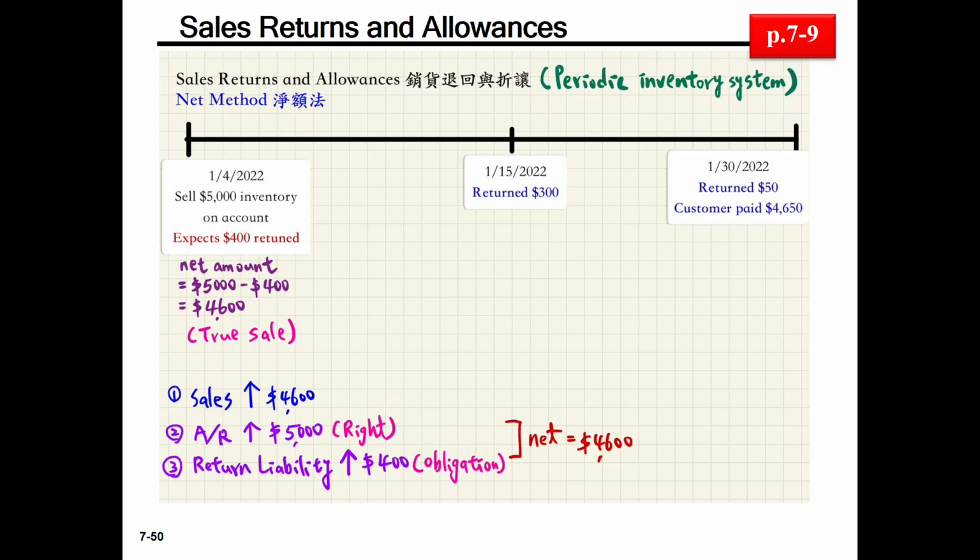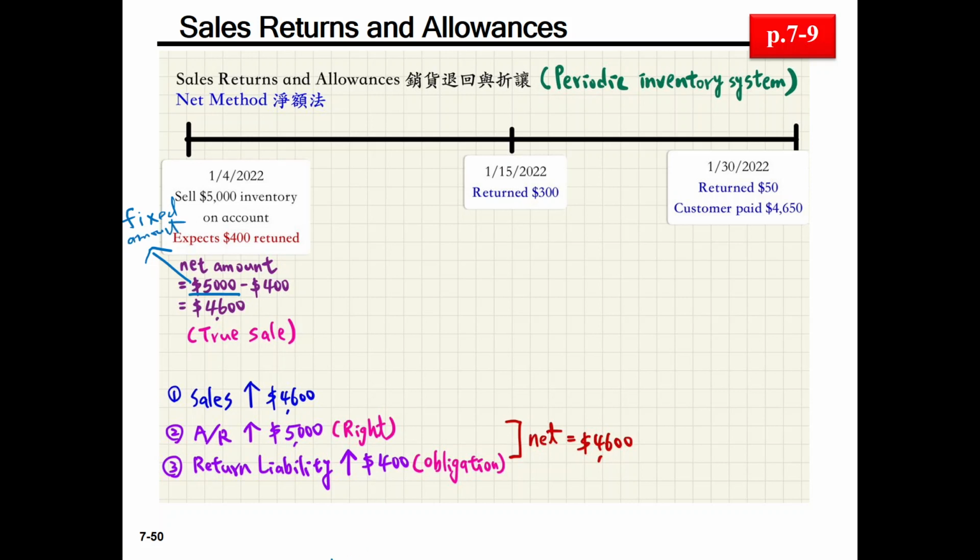What's the net amount? The fixed amount, consider variable consideration. The fixed amount is the money or the selling price we have, which is sold to customers.